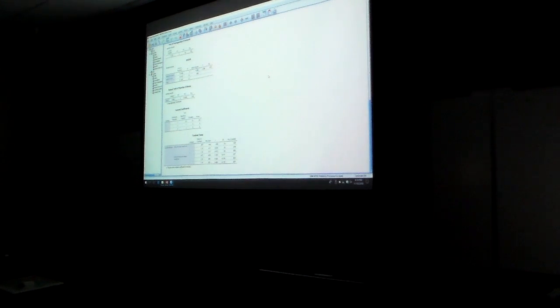So standard error is going to be the square root of the mean squared error times the sum of our squared weights over cell sizes. Okay. So what is my mean squared error here?